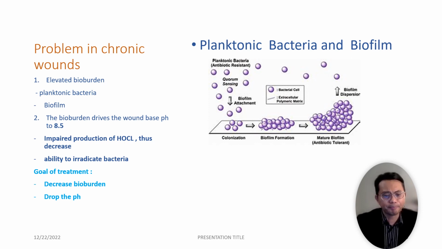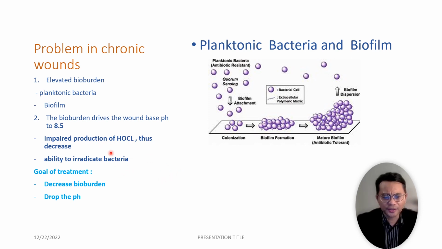The other problem here is that there's an impaired production of hypochlorous acid. This decreased production is one of the reasons why it's very hard for the body to eradicate bacteria.